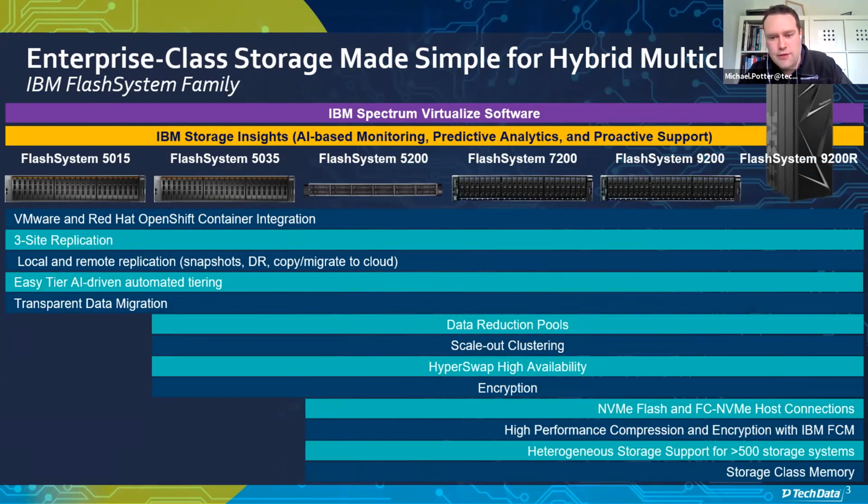And that's where it gets interesting. Encryption, it should be the default, it should be the standard. Because I see that as, well, we need to have more conversations with our partners and our clients around cyber resiliency and what we should be doing about that. And of course, we've got all the features that go from the low end to the high end. And so that for me is why the 5200 is a really well positioned box for us.